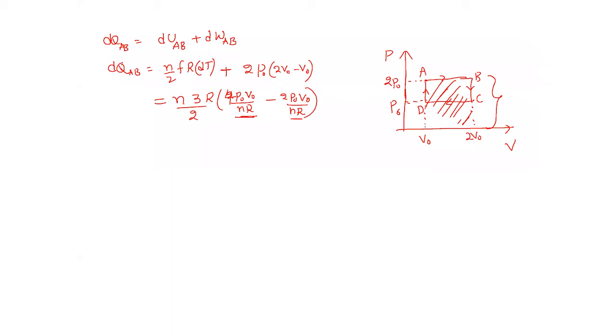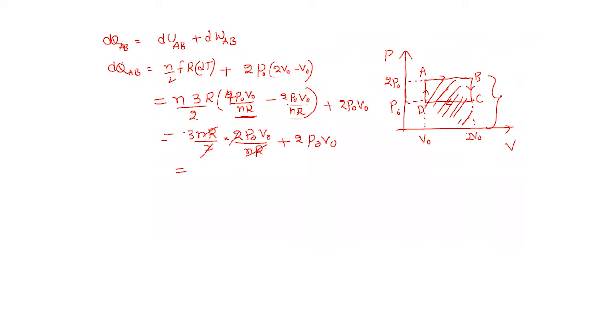So here plus 2P naught V naught. What do you get here? 3nR by 2, times 2P naught V naught divided by nR, plus 2P naught V naught. nR will be cancelled, 2 will be cancelled.